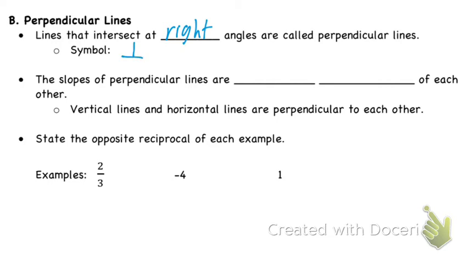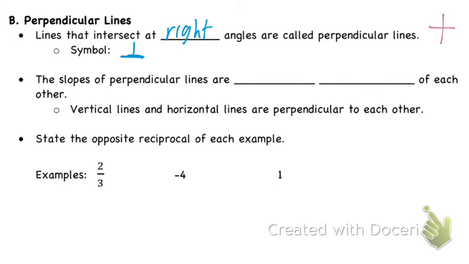It looks like an upside down T. Why can't it be a T? Because then if you write a T, everyone's going to think it's a T instead of perpendicular. Here's where the symbol comes from.